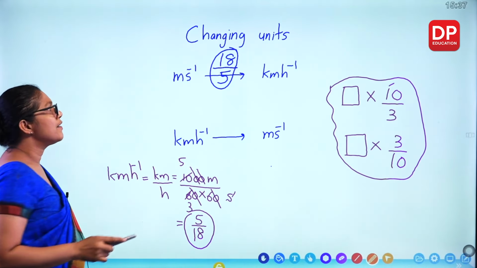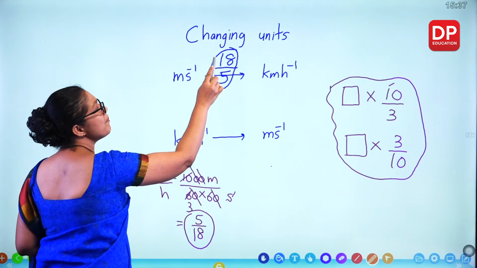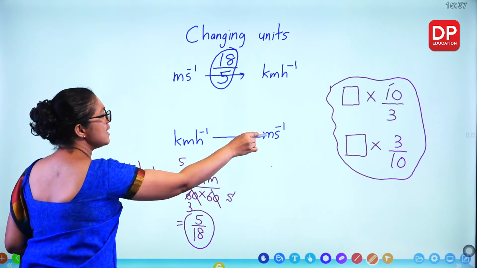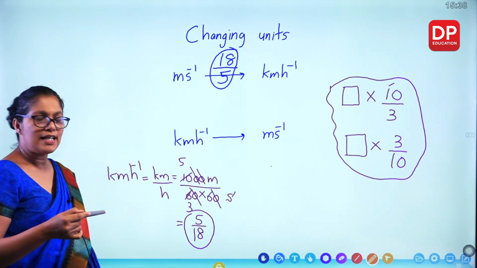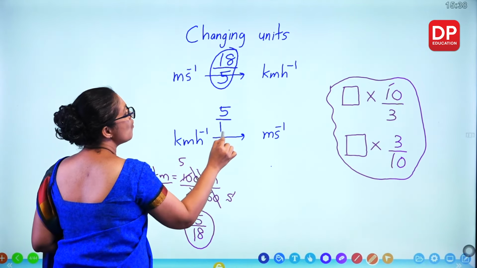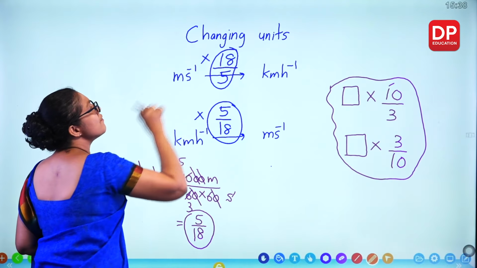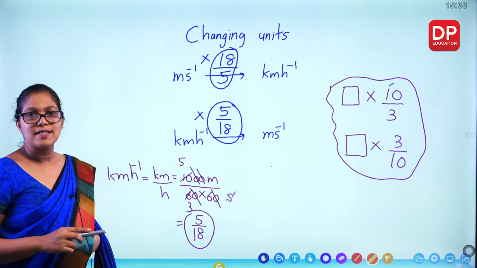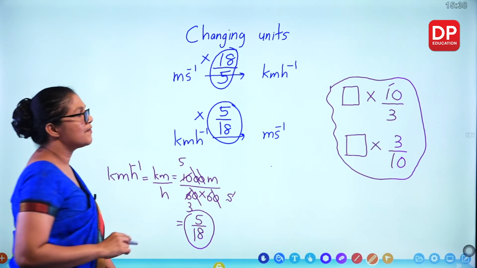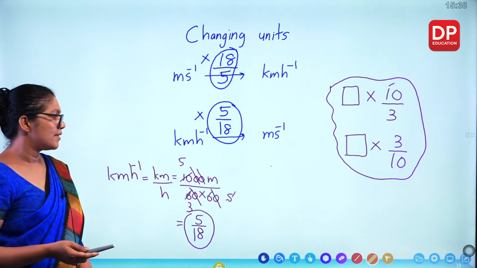So when you want to convert meters per second to kilometers per hour, we multiply by 18/5. What about the other way? Bigger unit to smaller unit, you multiply the other way round, 5/18. So that's how you convert these units. Remember this ratio always when you convert meters per second to kilometers per hour.